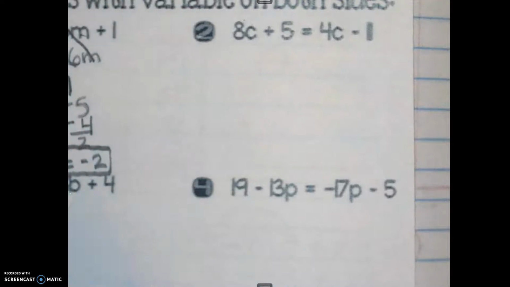So we have 8c plus 5 equals 4c minus 1. So I'm going to draw a line. I'm going to first look and see, do I have multiple variables on each side?